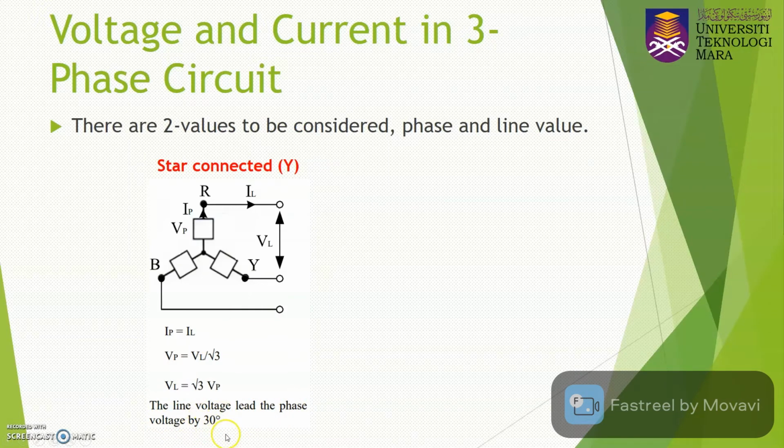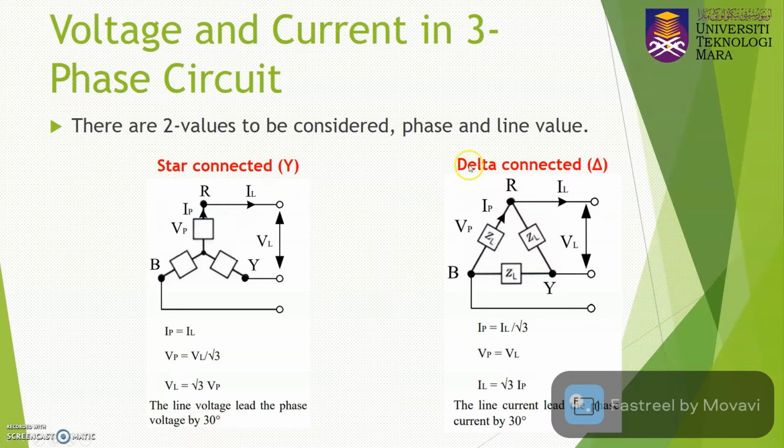And then for the delta connected, basically this is your first phase, second phase, third phase. The current that goes through here, we call it I phase, but here we call it I line. So in this case, I phase is not equal to I line.